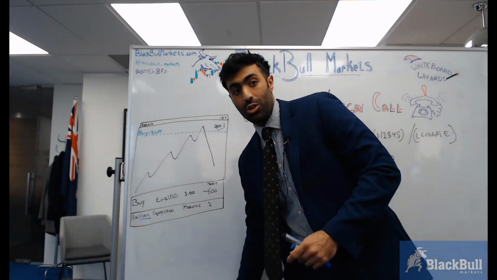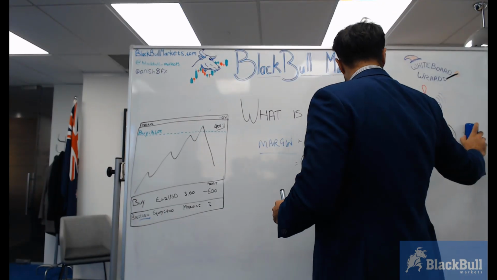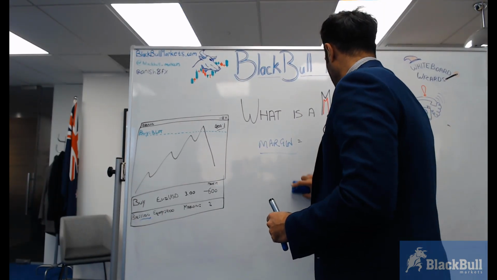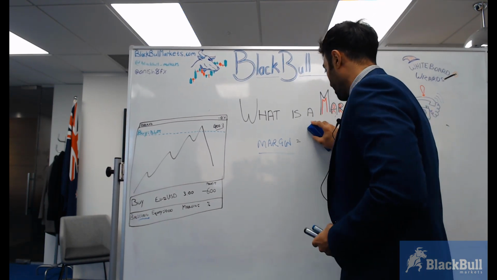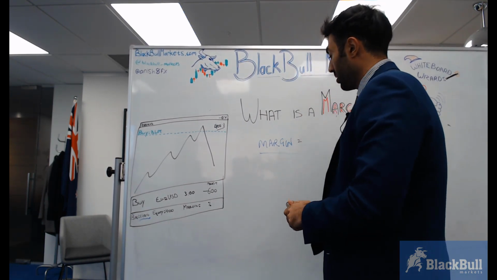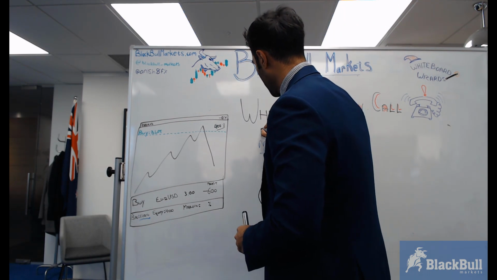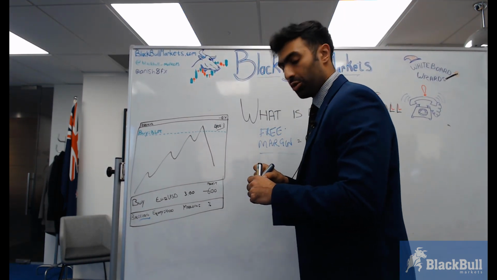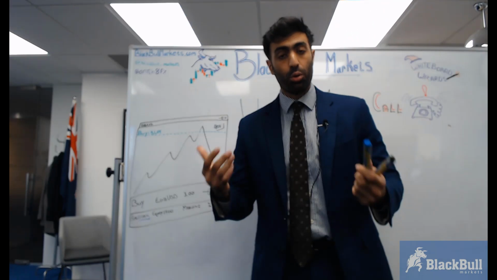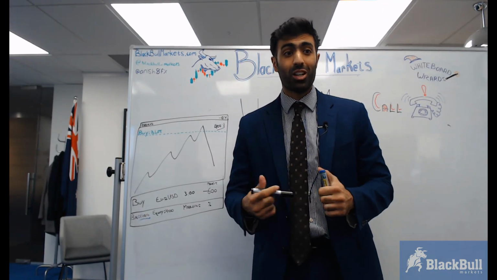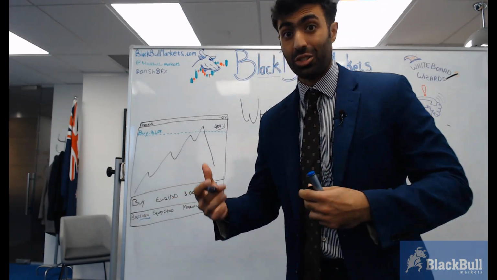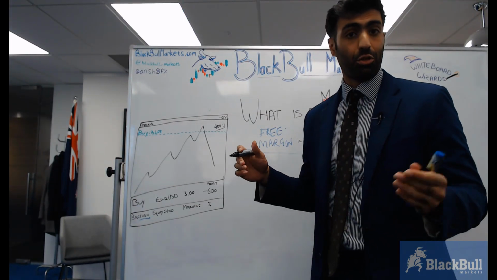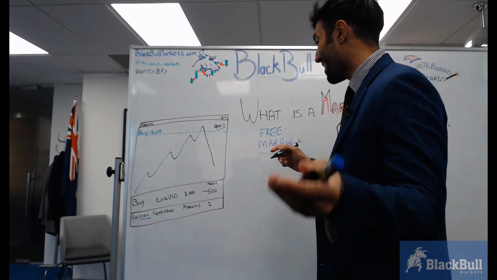So let's take you through free margin now. Free margin is an important figure for you to understand for how much margin you have free in your account. So it's very simple. It's just a matter of minusing your margin from your equity.